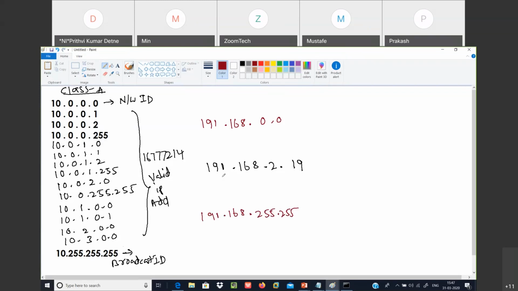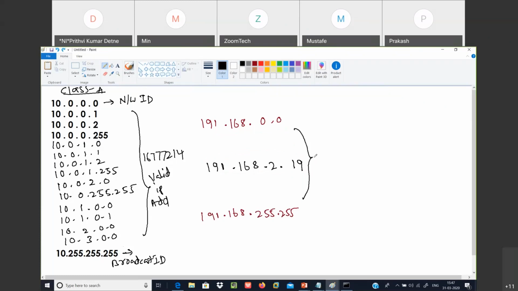So is 191.168.2.19 a usable IP address or not? This is valid. See, a valid IP address. The first one is the network ID, the last one is the broadcast ID. In between, all IPs are valid IP addresses.